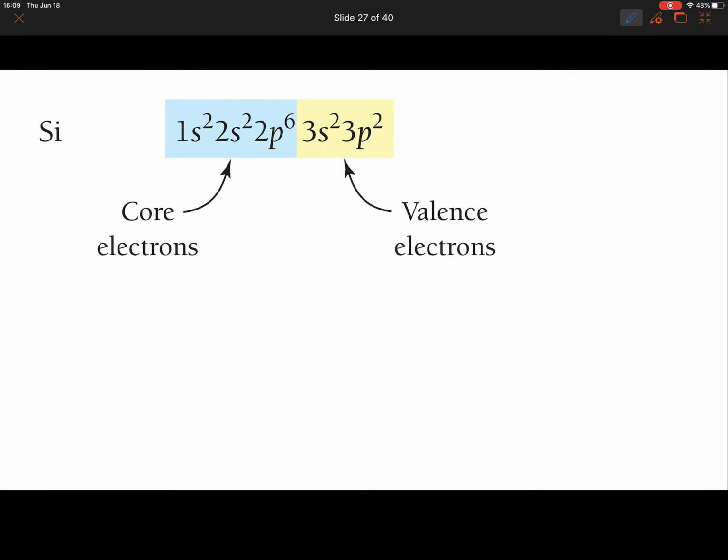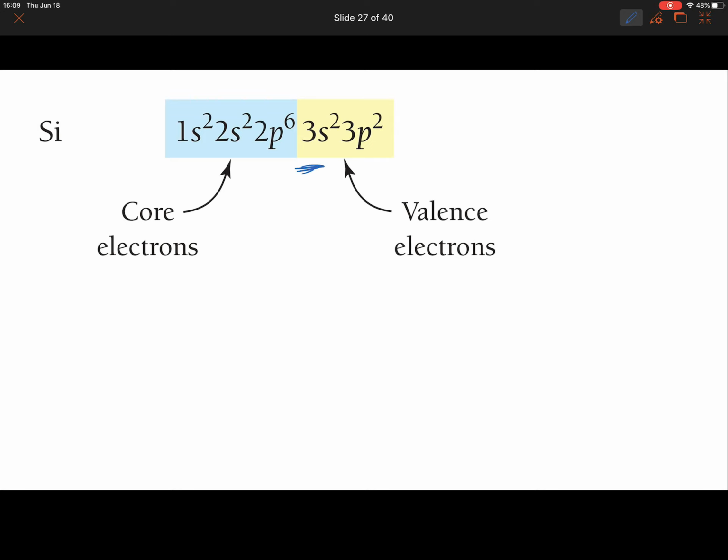All right, so we can get into a little more specific terms when we talk about these electrons. We can say that they are core electrons if they are on interior subshells, and they are valence electrons if they are on the outermost subshells. And what we use to decide that is actually the principal quantum number.